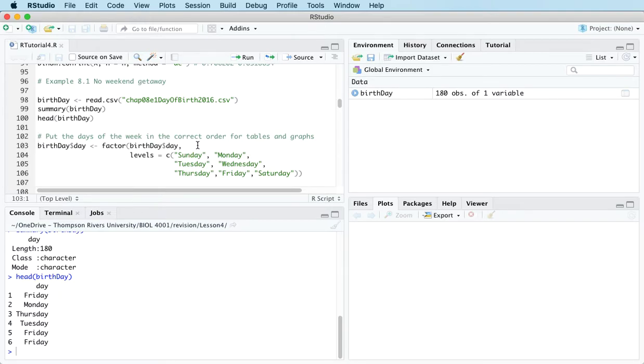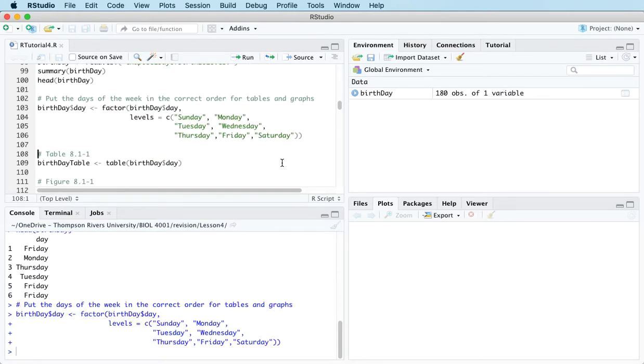So the first thing I'm going to do is create a factor from this variable. The reason I want to do this is because I want to have the days of the week be in the conventional order: starting on Sunday, then Monday, Tuesday, Wednesday, Thursday, Friday, Saturday. Otherwise, what R does by default is put categorical data in alphabetical order.